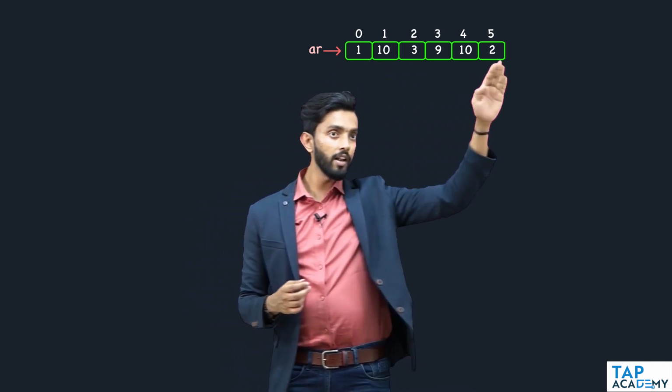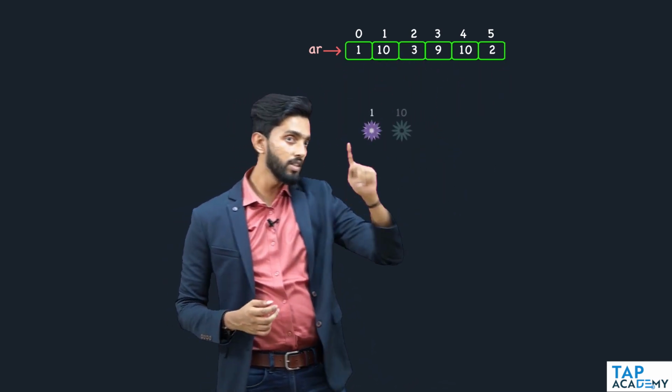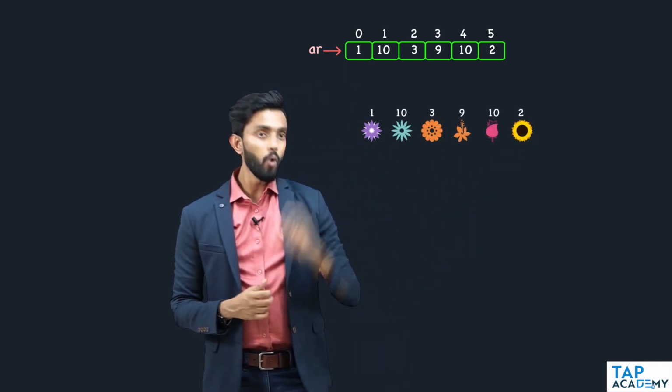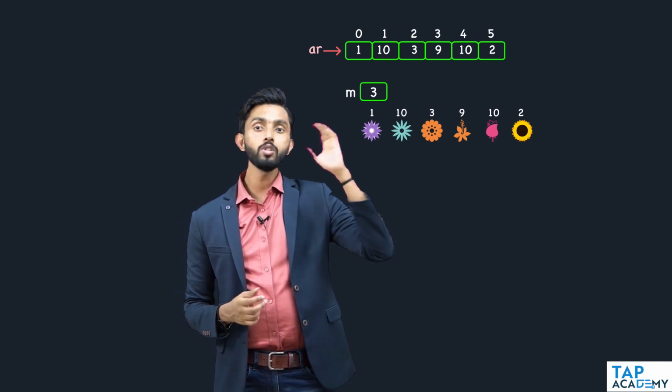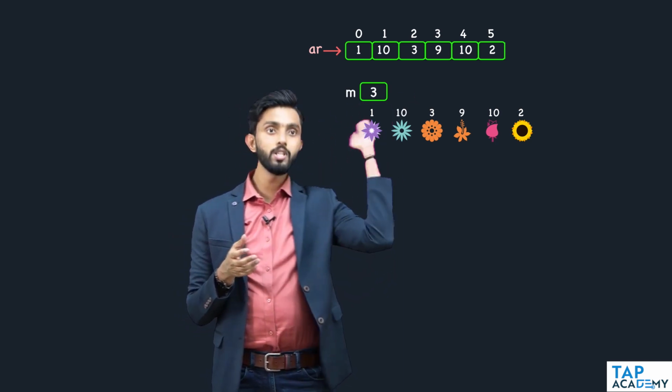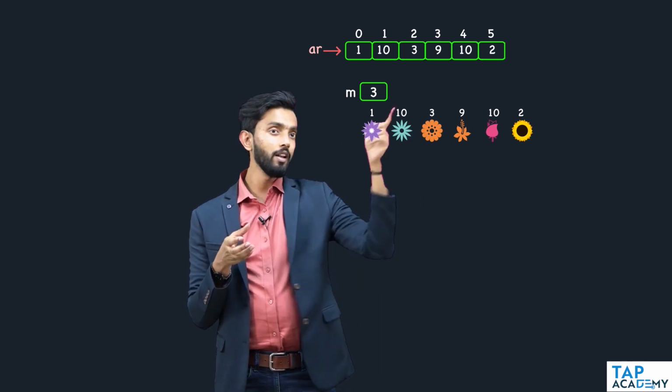Now this is your garden and these are your flowers. They will give you an M value, which is the number of bouquets you must create using these flowers. And to make a bouquet, they will give you a K value.